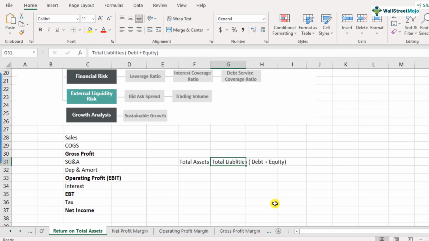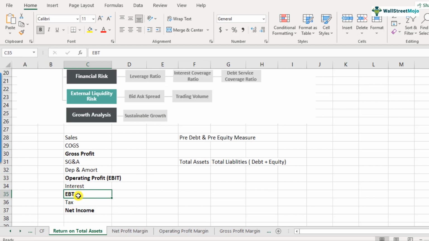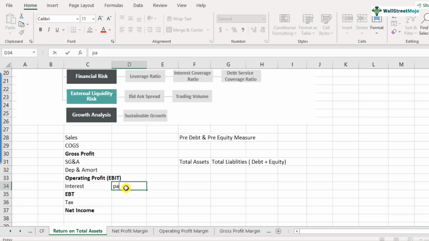The numerator should also be a pre-debt and pre-equity measure. What I mean by pre-debt, pre-equity measure is that in the numerator also, you should not, let's say if we consider EBT, this is basically after deducting the interest. So this is paid to the debt holders, right?